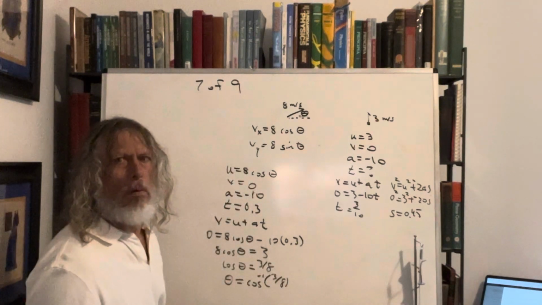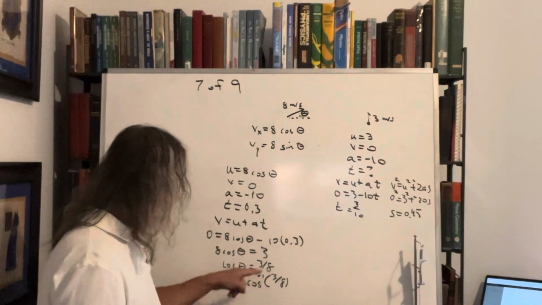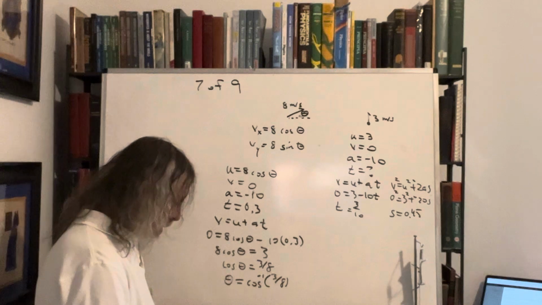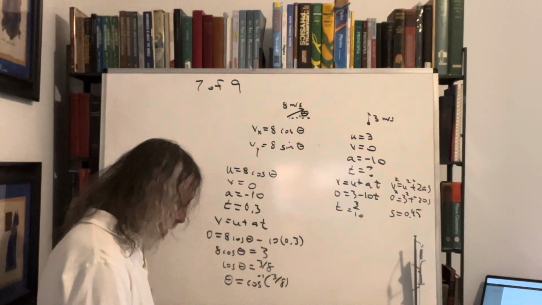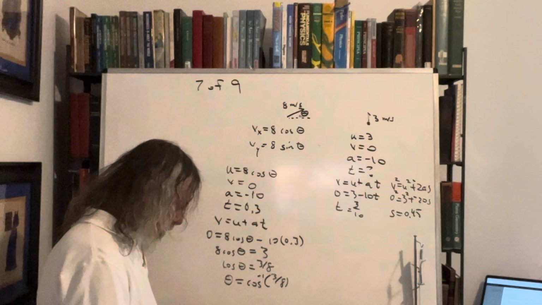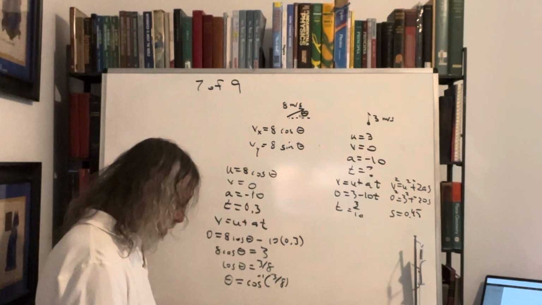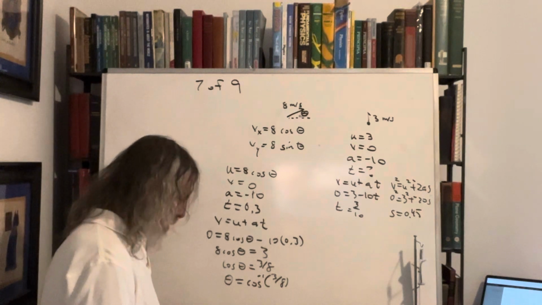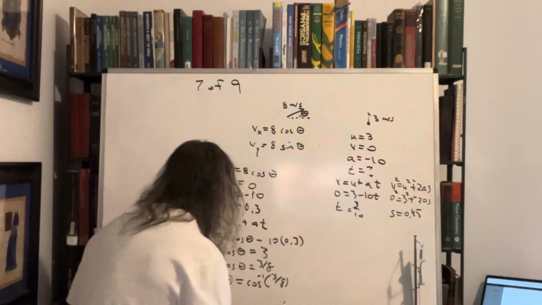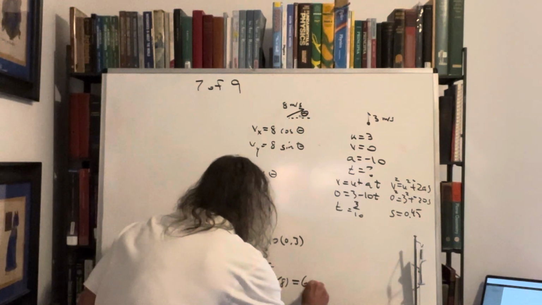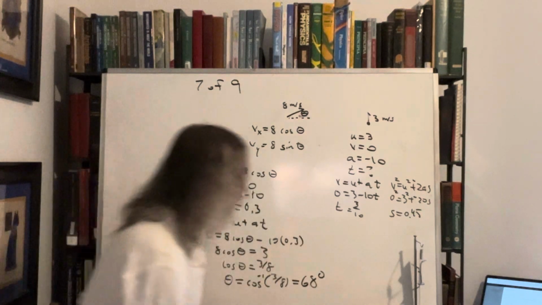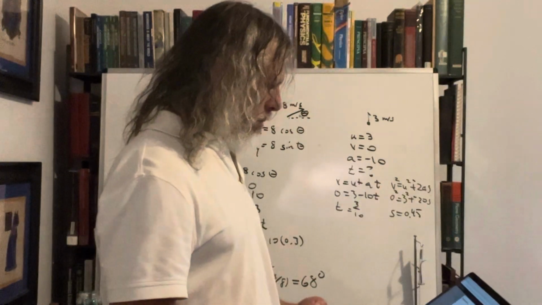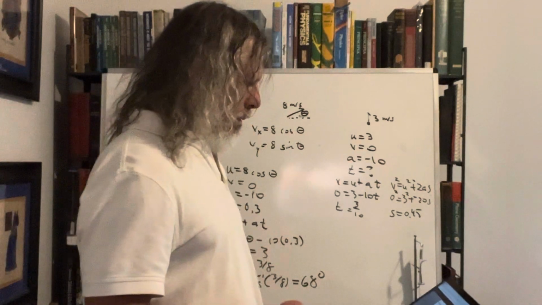So here, on the screen, inverse cosine, 67 degrees, 68, round it. So 68 degrees. That's what it is. And that was our last one.